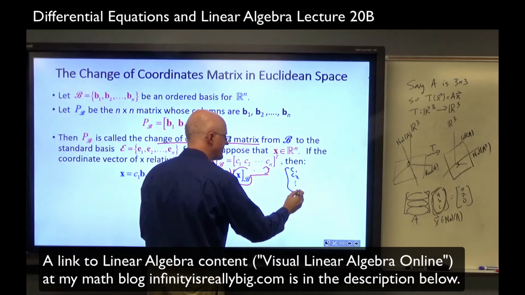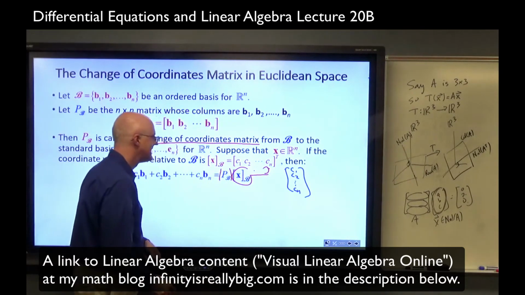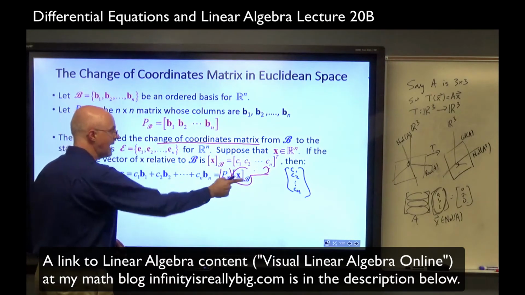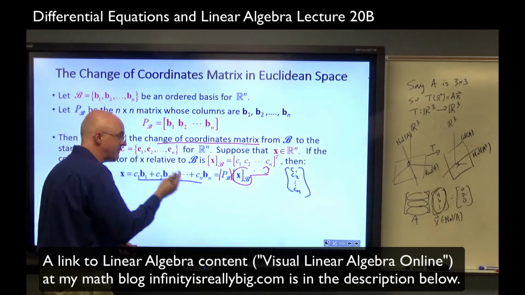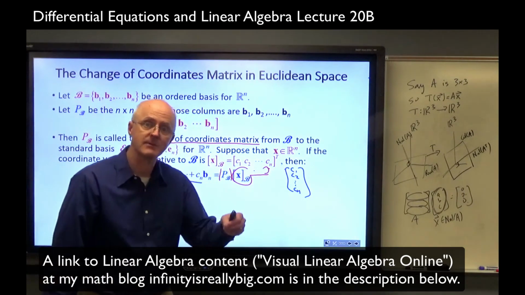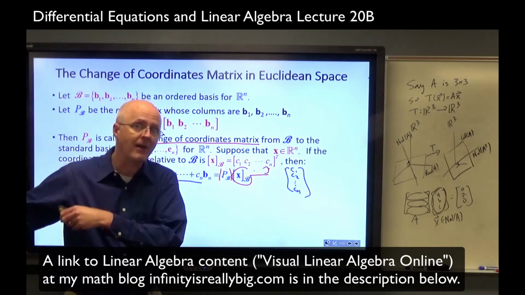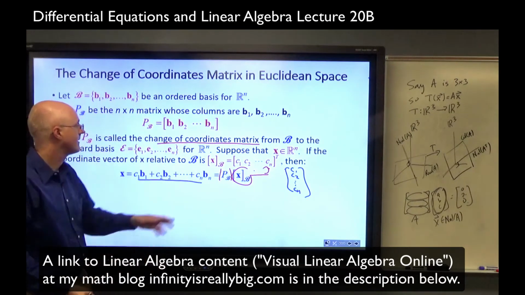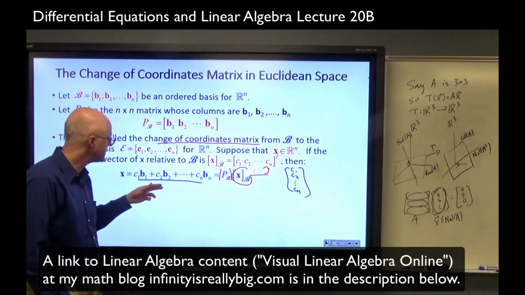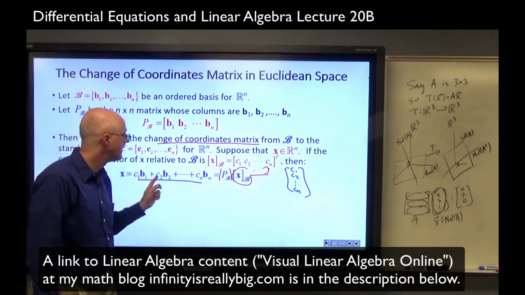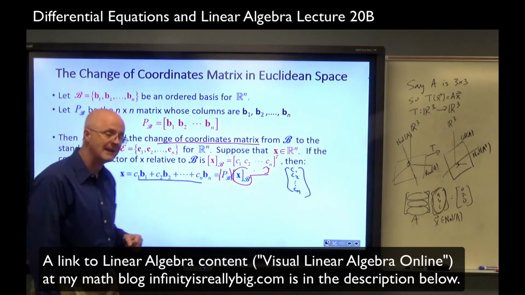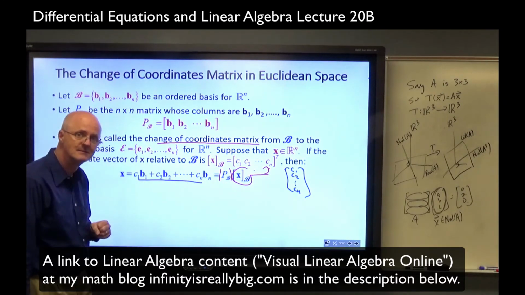That's what the coordinate vector is. If you multiply PB times that vector, you do get this linear combination by the definition of matrix times a vector that we talked about a while ago. This matrix times this vector is a linear combination of the columns of the matrix with the components of the vector as the corresponding weights.